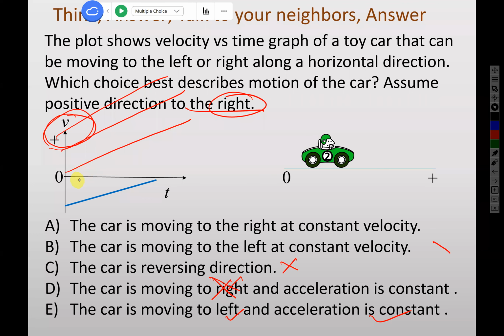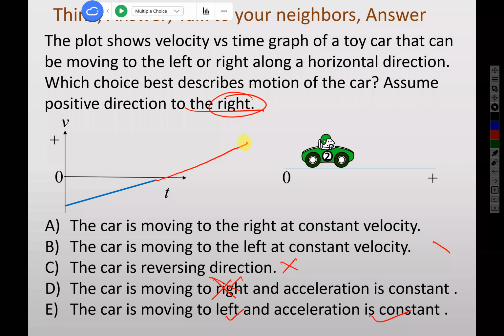But this is on the negative side, and negative side means left. So if that line crossed the 0 line, would that make it a positive motion to the right? That means now it's moving to the right. It's reversed.